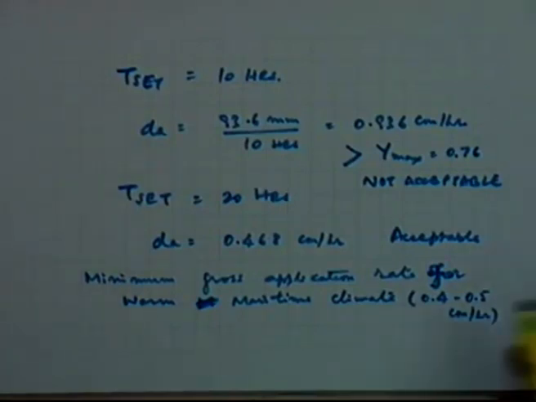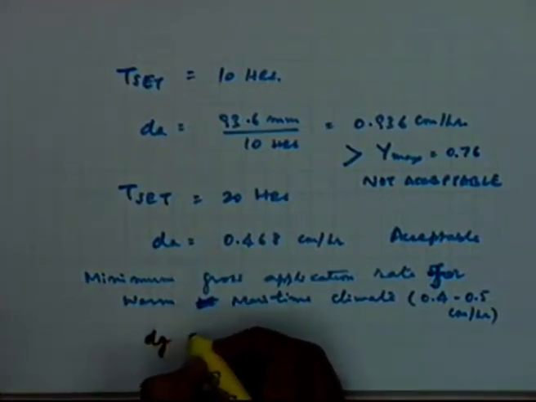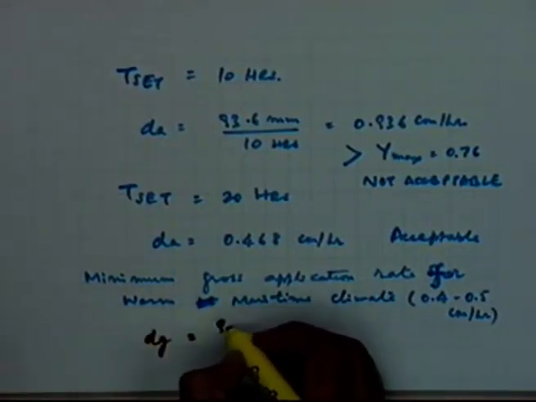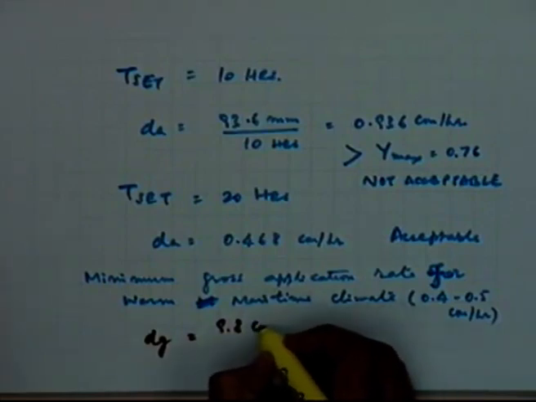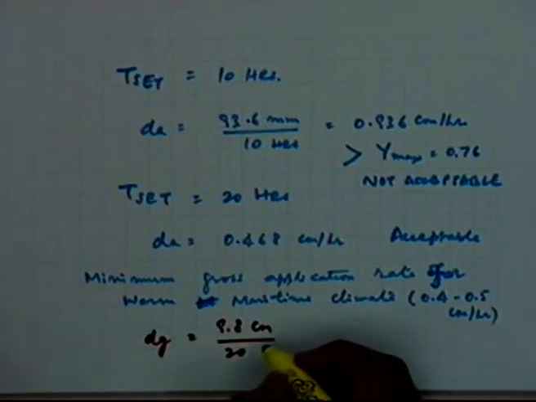Okay. Now you can make a check that in the present case, the DG is 9.8 centimeters, and you have to complete this in 20 hours.